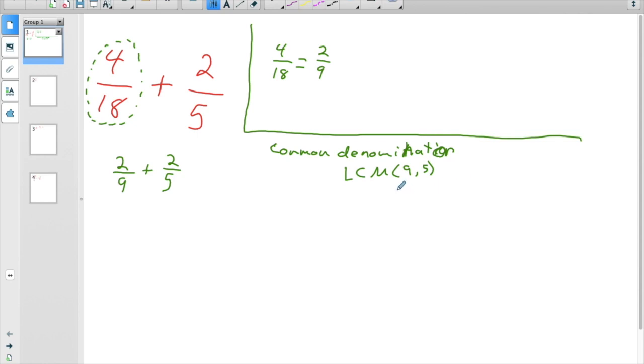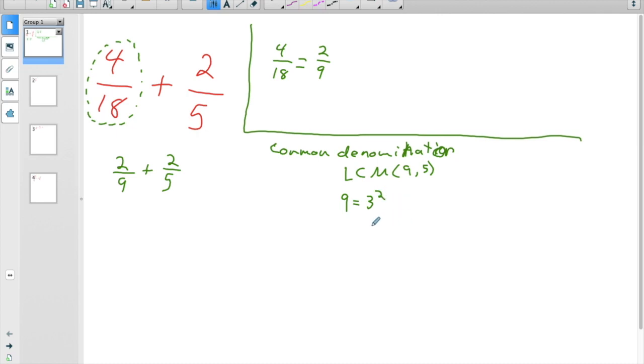Now, there are a couple of ways that you can go about finding this. I'm going to start off by, again, showing the way that I used in class. But I will also show you some other ways of finding the least common multiple. So what I like to do is write the numbers in their prime factorization.